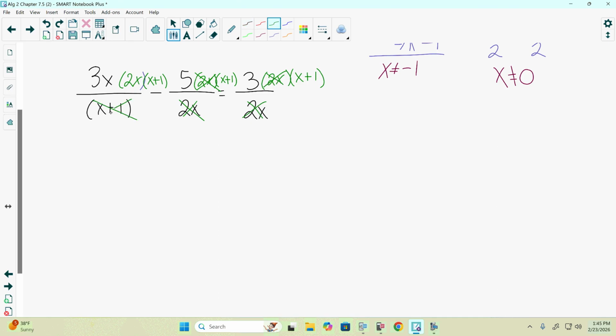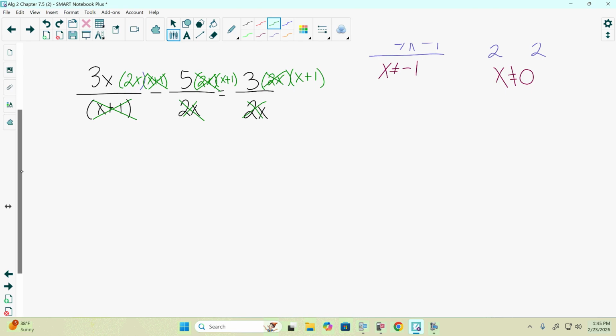Now this far left term, the x plus 1 and x plus 1 will simplify. The x plus 1 won't simplify with either of the other two because they don't have x plus 1 on bottom. But by multiplying everything by 2x and x plus 1, it causes all three denominators to simplify out. They reduce to 1.